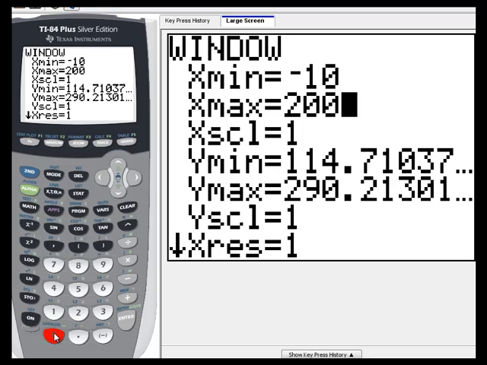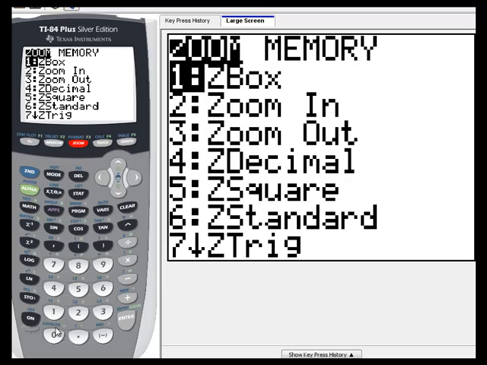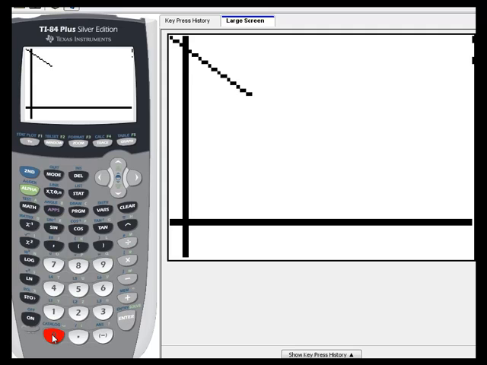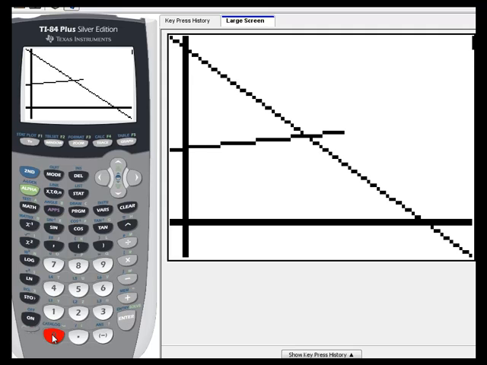Also when we make this change, the intersection may very well go off the display again, so I will also at this time do a zoom fit. Zoom fit is 0. Aha! Just what we're looking for, the intersection of the two graphs.